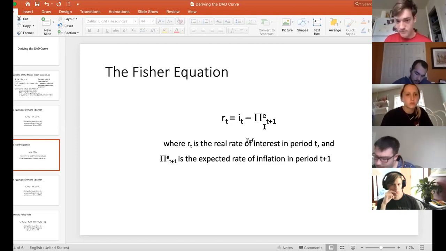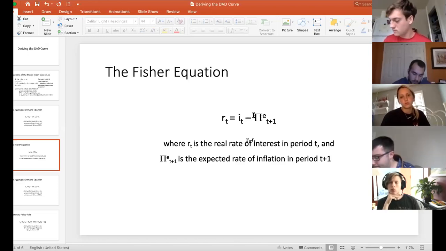This equation here is ex ante, meaning before the fact. So when you're deciding what to charge, you don't know what the future involves, so you have to make your best guess of what the inflation rate is going to be. That's pi superscript e.